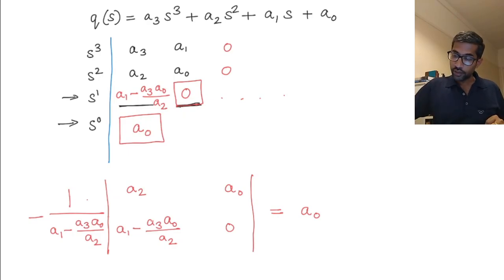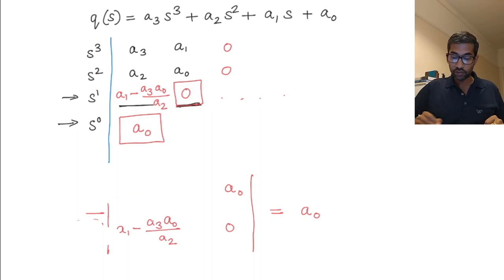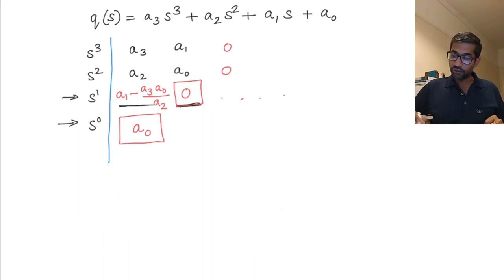Now that we have evaluated our Routh array, we have reached the end of the evaluation, because if you look at the left hand side, the coefficient here is s to the power 0. You don't go beyond that because it's the last row in the Routh array, and you have evaluated the first column of it.